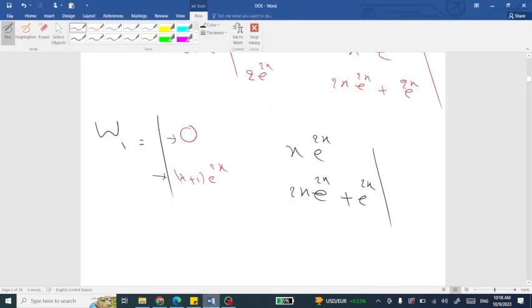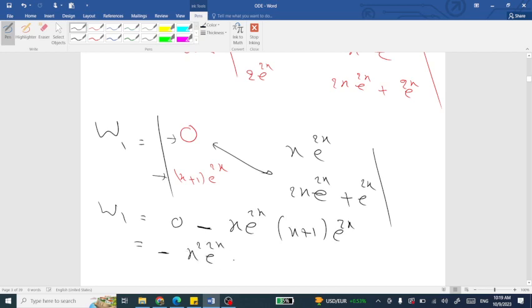So W1 will be 0 minus x e to power 2x multiplied by x plus 1 e to power 2x, which equals minus x e to power 2x times... Am I right? You can multiply it, or you can leave it.